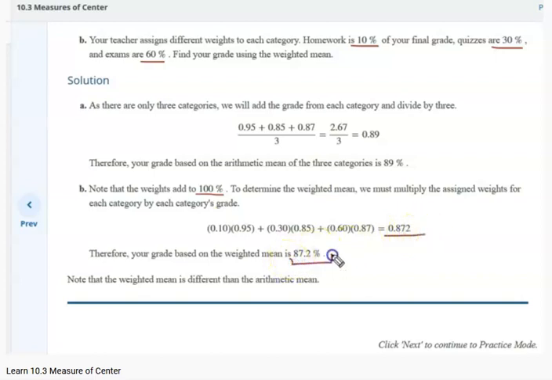So based on the weight, these average grades result in something like this.